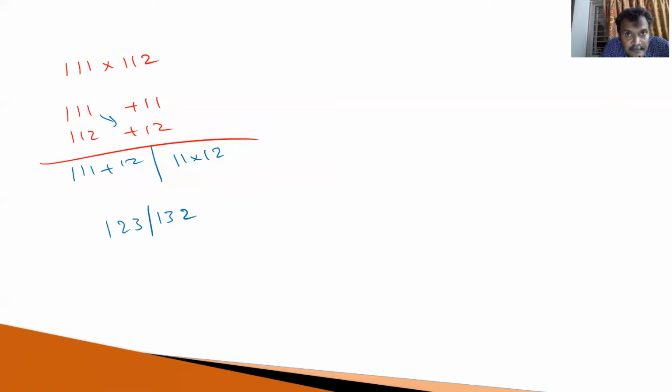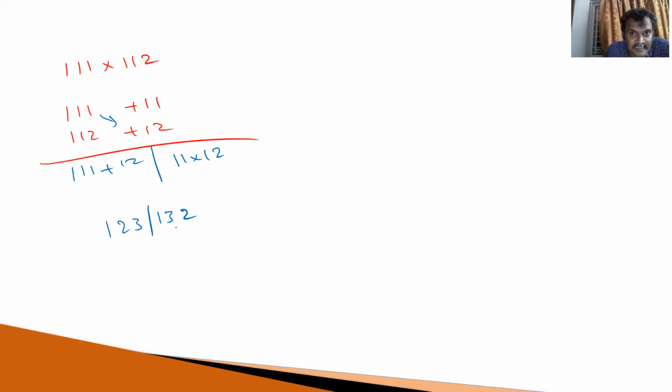What is the base? 100. How many zeros are there? 2. How many digits must be required here? 2.